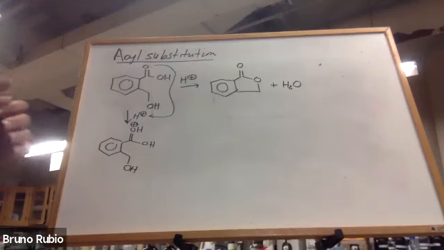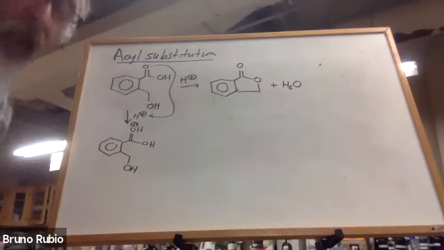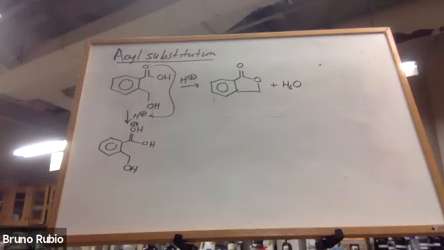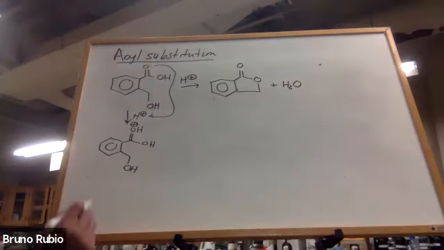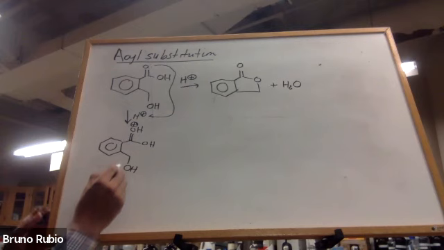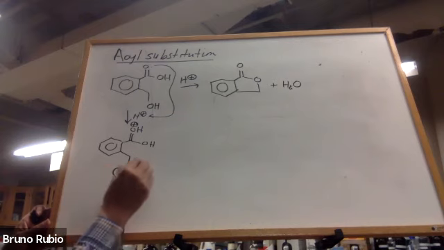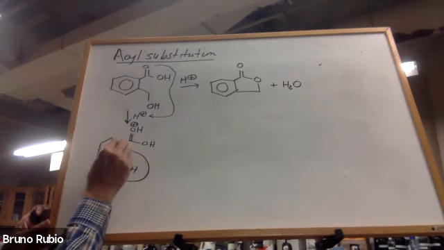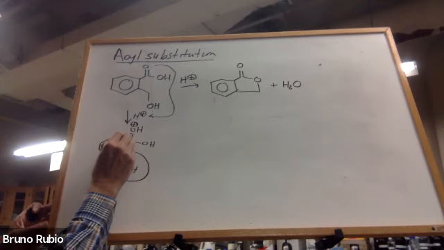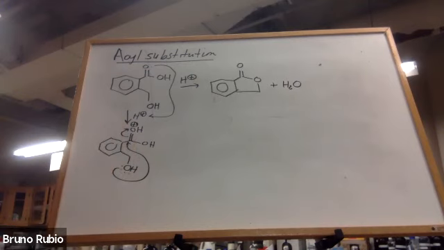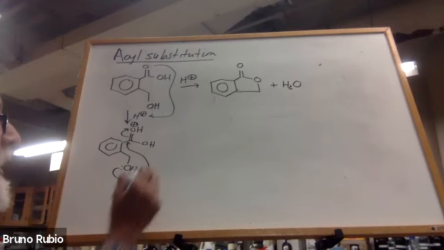And then the second step that we encounter so many times is the attack on the carbonyl carbon by the nucleophile. In this case, the nucleophile is this oxygen atom down here. It attacks the carbonyl carbon, and then this double bond collapses. The oxygen atom eats up the electrons there.